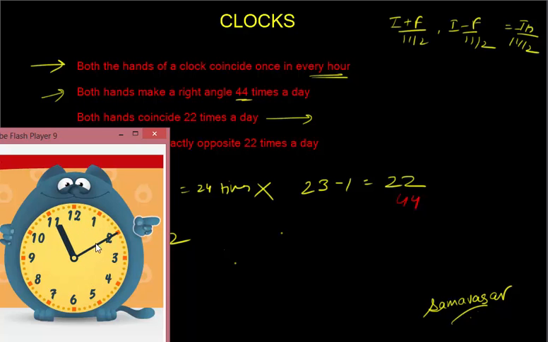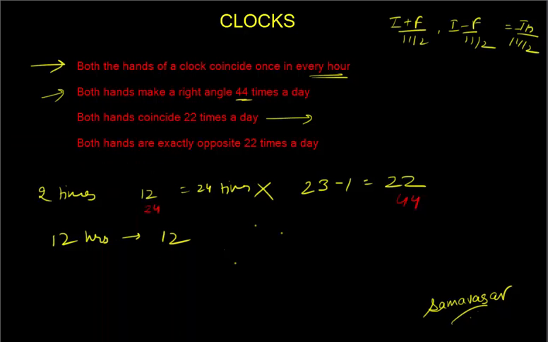Again between 11 and 12, your hands will be coinciding at exactly 12. So again your 12 is getting double counted, and that is the only time which is getting double counted. So in 12 hours, it is 12 times minus 1, which is 11. So in a span of 24 hours, it is 22 times. So this is what we are getting here.